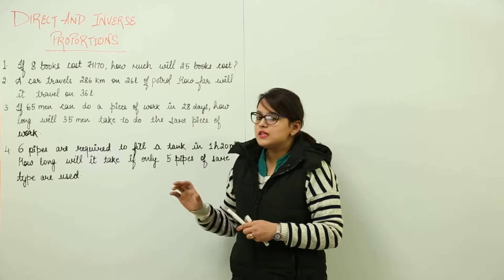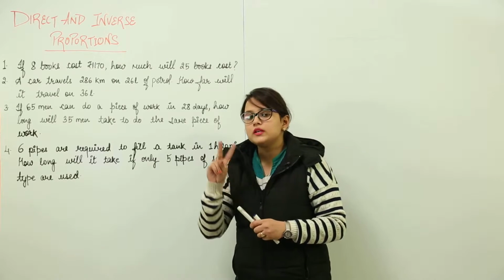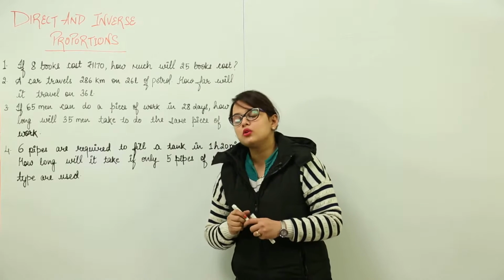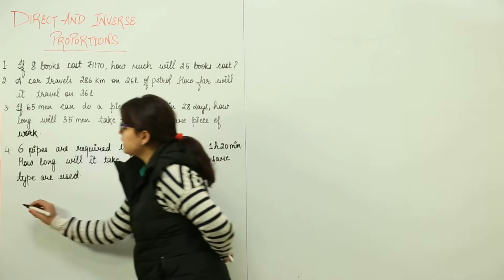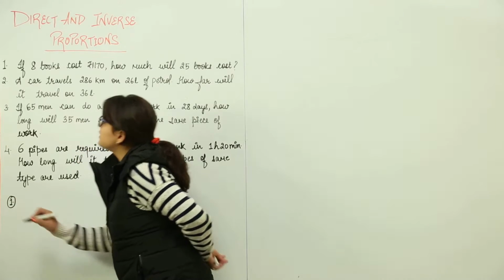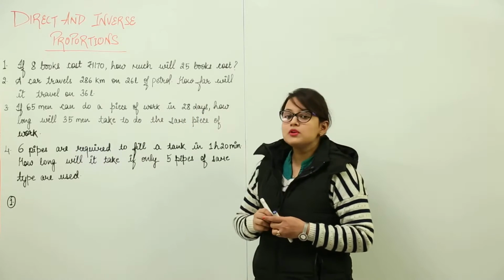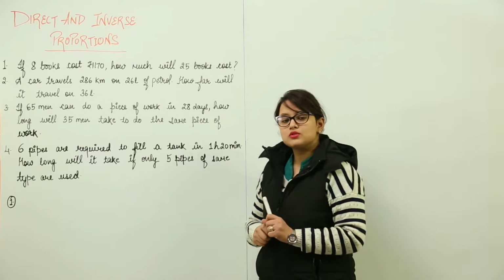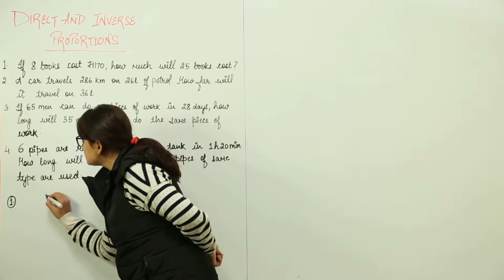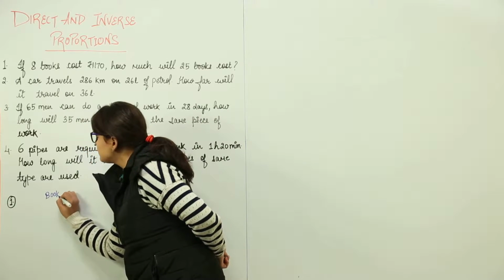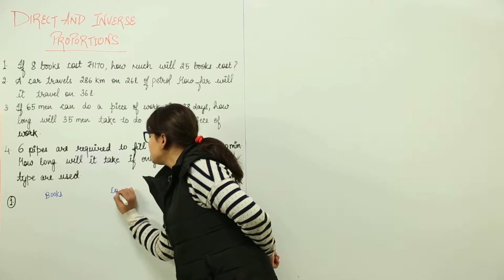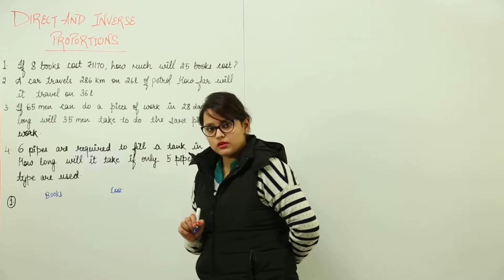Now you can see, identify which two quantities the question is talking about. It is talking about books and their costing. So the two quantities are the books and cost. Now let us check what is the relation given in the question.